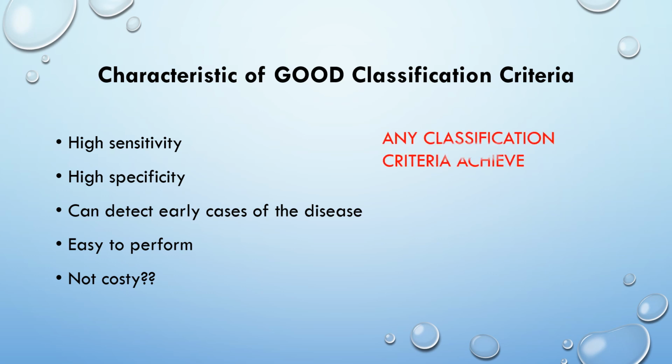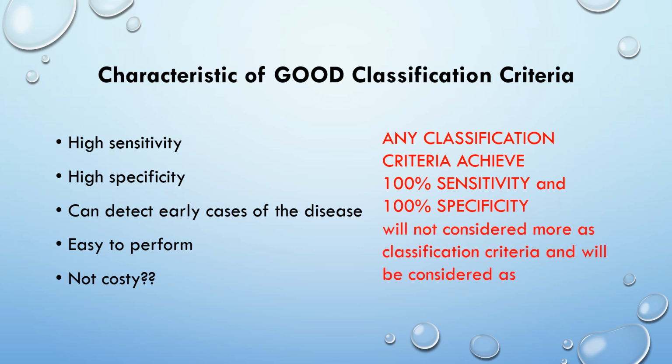You should notice that any classification criteria which can achieve 100% sensitivity, meaning no cases are missed, and 100% specificity, meaning no normal persons are diagnosed by mistake as having this disease, so 100% sensitivity and 100% specificity, will no longer be considered classification criteria and will be considered diagnostic criteria.